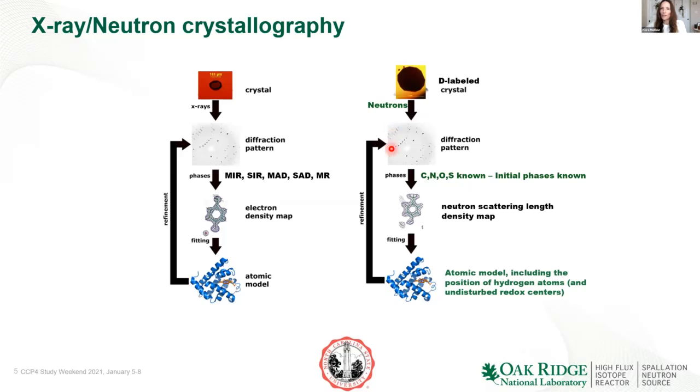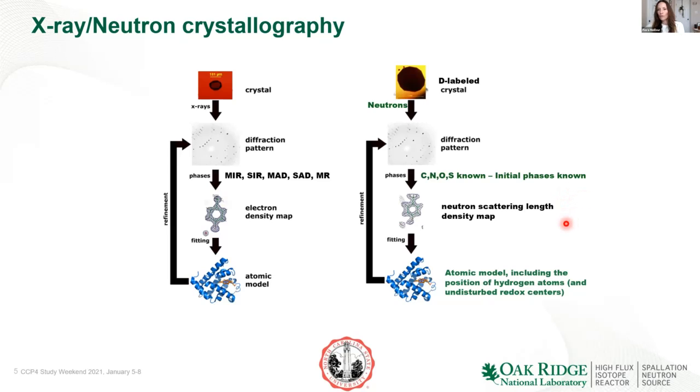We collect diffraction data. We often collect in the Laue mode to increase the flux on our sample. But then things are fairly easier because we already have an X-ray model when we start our experiments. So we already have a set of phases. We need to phase, but we have a starting model, sorry.